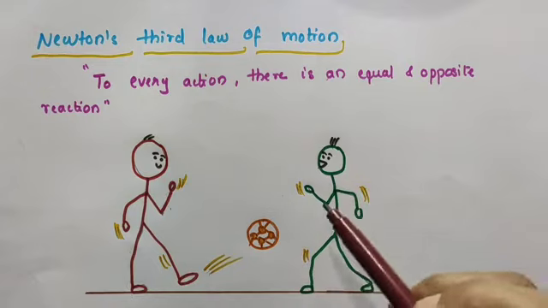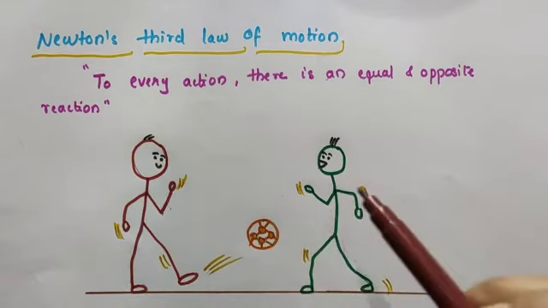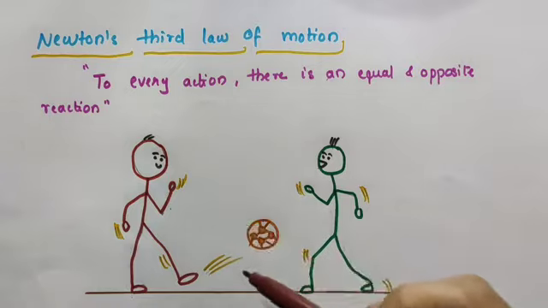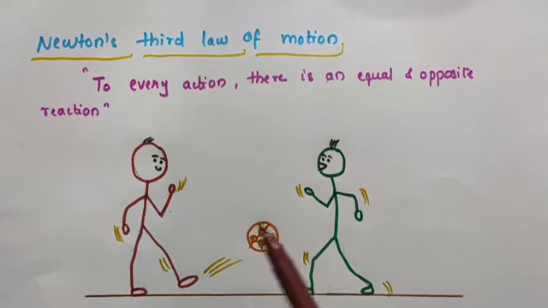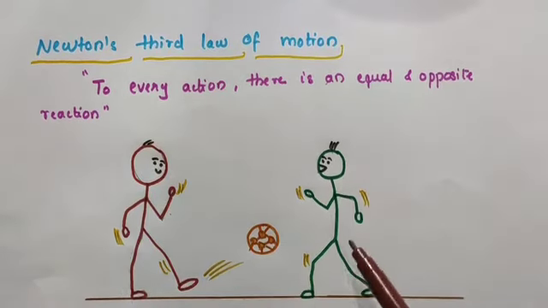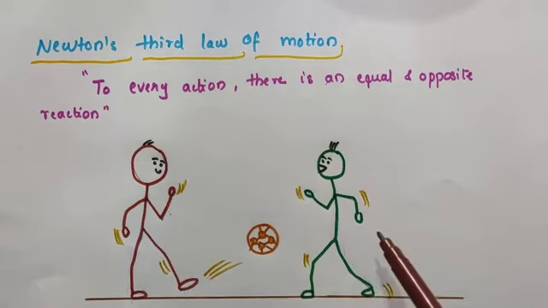Let us try to understand these sentences with an example. In the game of football, collisions occur most of the time. A player of one team may collide with a player of the opposite team. During that collision, both feel hurt. Why? Because each player applies a force to the other.